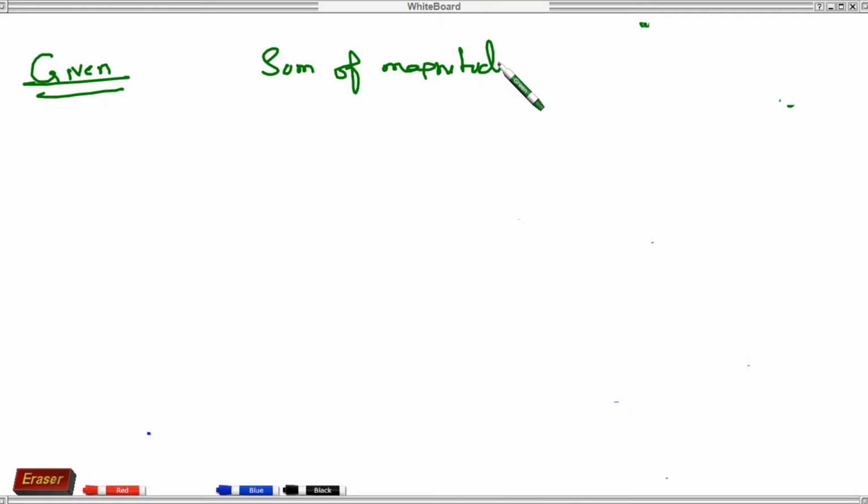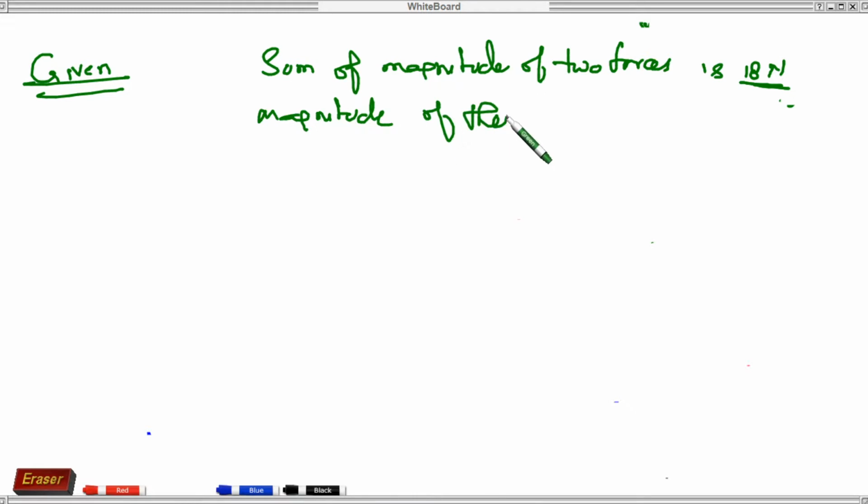Suppose it is given that the sum of the magnitudes of two forces is 18 Newton, and the magnitude of their resultant is 12 Newton.